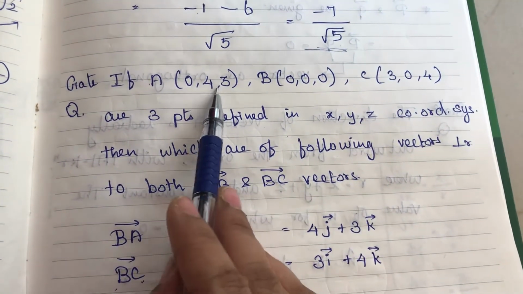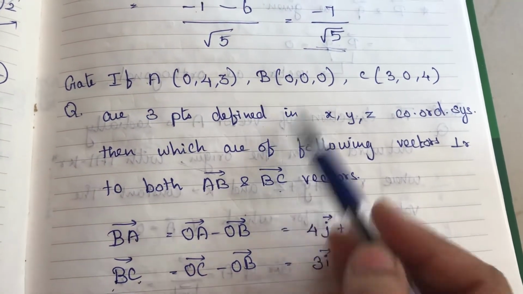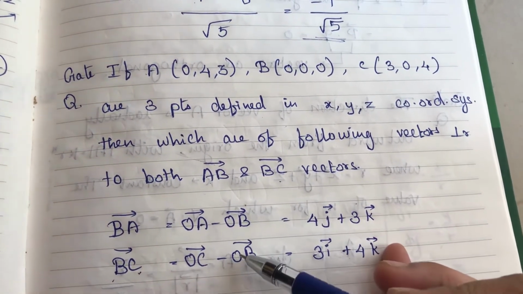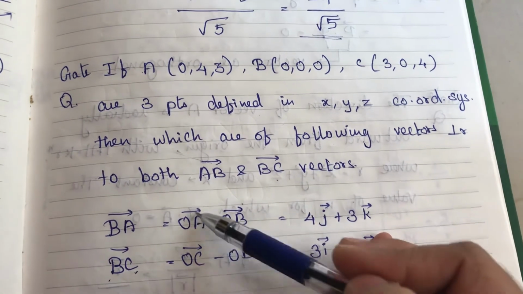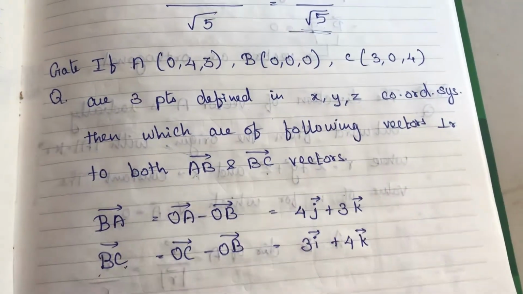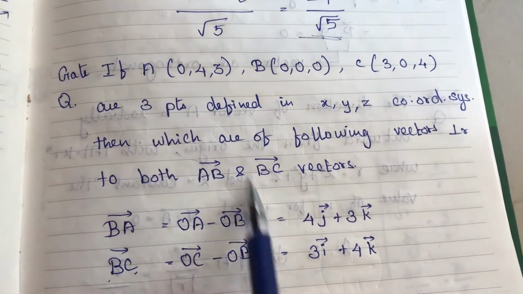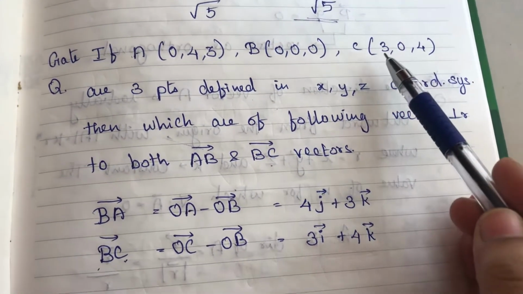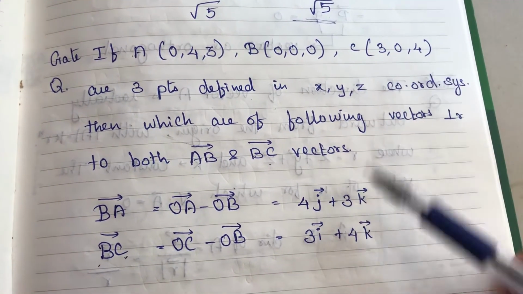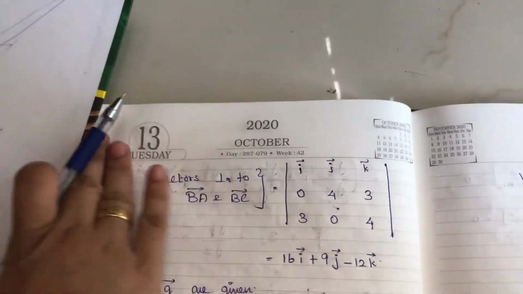So just pick the values here. OB means this will become 0, right? So only the A vector will have the values. So I can directly write the values here. This is i, j, k. 4j plus 3k. Likewise here, 3i plus 4k. Right? So I have found the two vectors here.